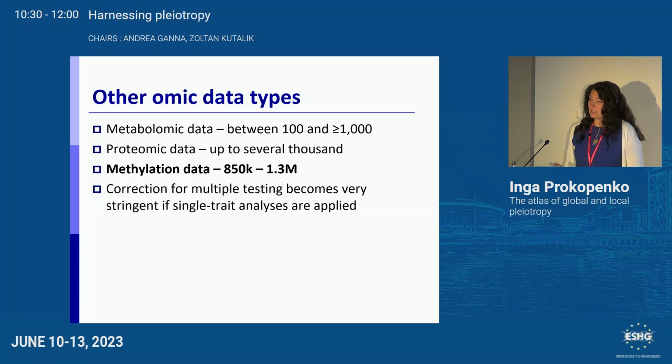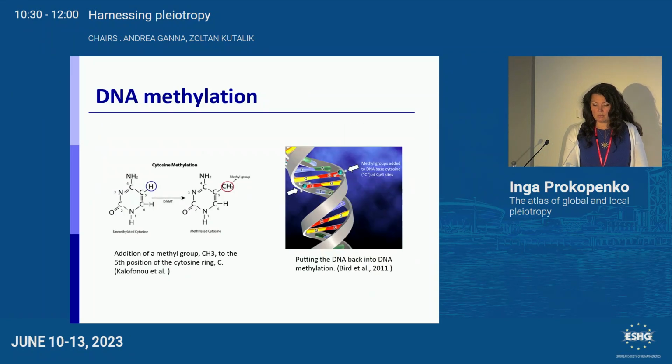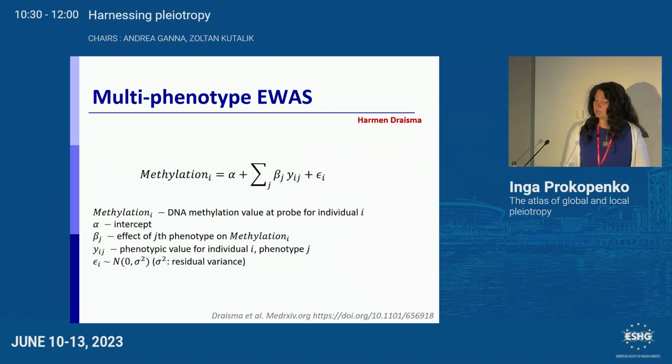Methylation data is becoming widely available. We have multiple points in the genome, and you know how it works. There is an addition of a methyl group, which we are looking at, at specific points in the genome.